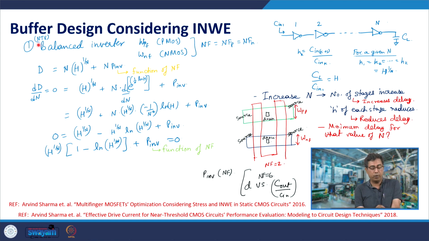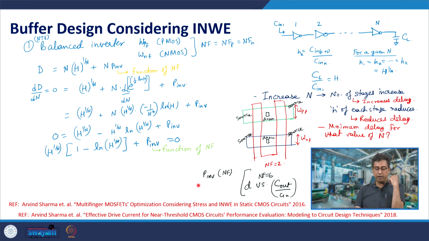So, first we have a number of fingers fixed and for obtaining balanced inverter, as we have discussed in the previous lectures, we will obtain a value of finger width of the P MOSFET which balances the inverter. Okay. So, with that finger width of P MOSFET and number of fingers, for about number of fingers 6, we will obtain delay versus C out by C in. That would give us the P inverter, parasitic delay of the inverter for that number of fingers.